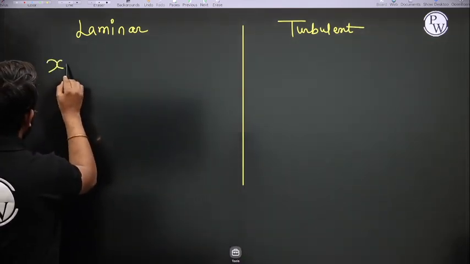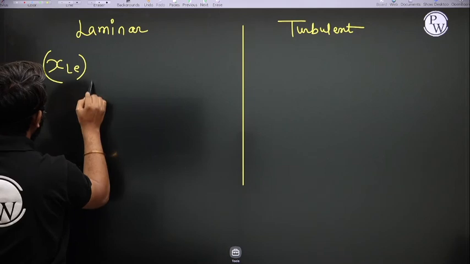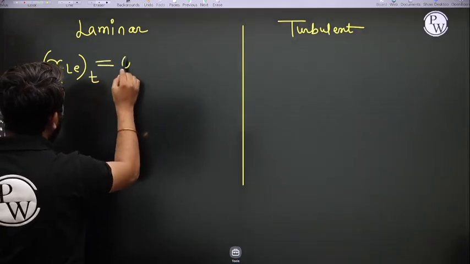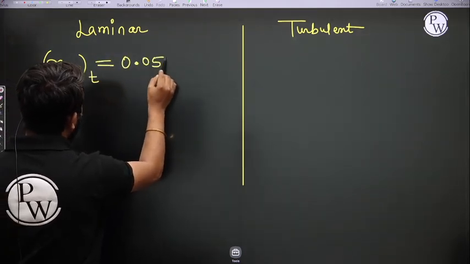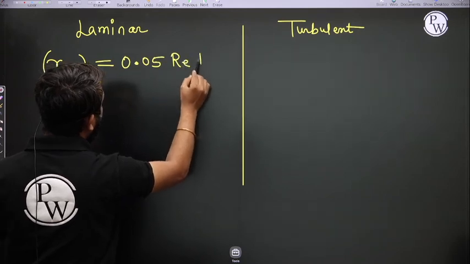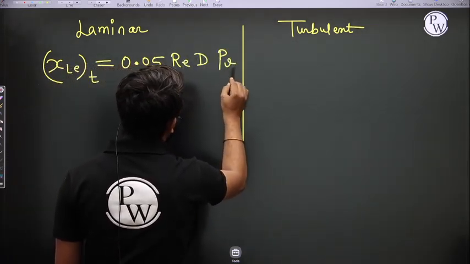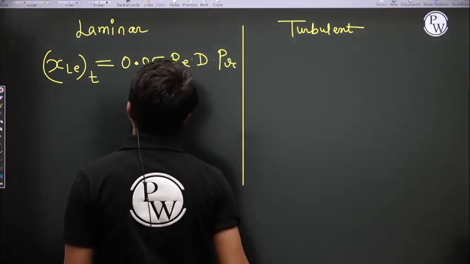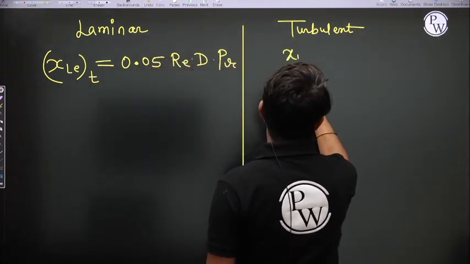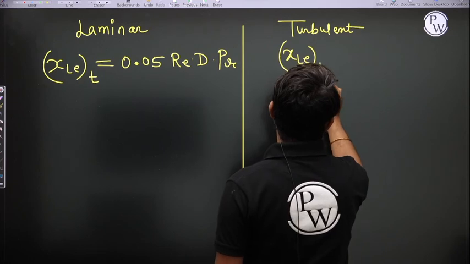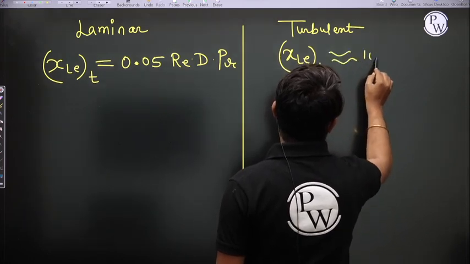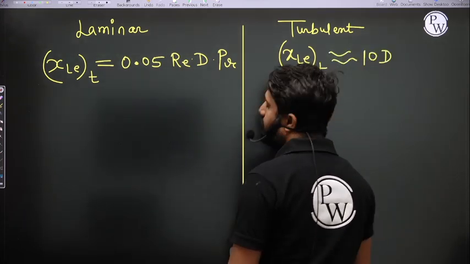Now see, X_LET, the thermal entrance length, for the laminar flow is equal to 0.05 Reynolds number D Prandtl number. Whereas in case of turbulent flow, the thermal entrance length is approximately equal to 10 times the diameter.